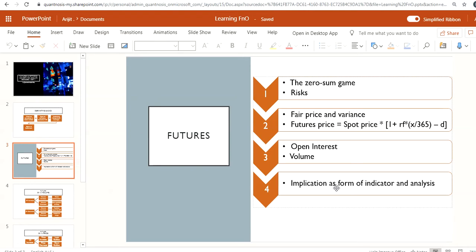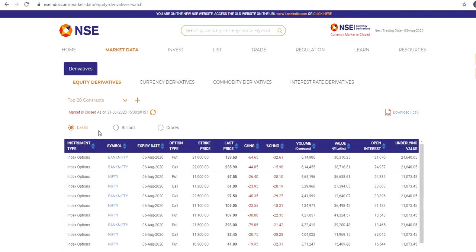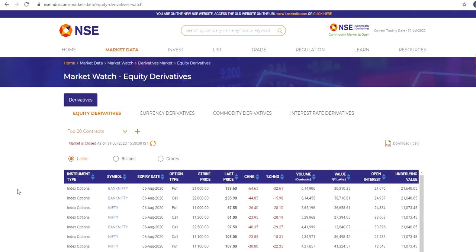Before jumping into open interest and volume, since we are discussing futures, let's check some futures here. I am seeing the top 20 contracts, equity derivatives, index options.